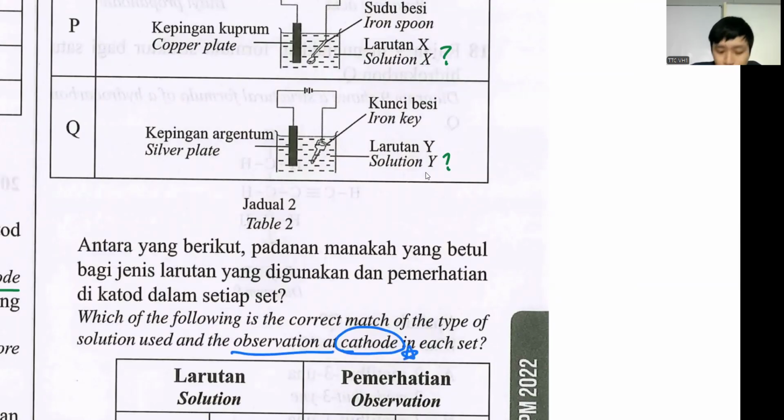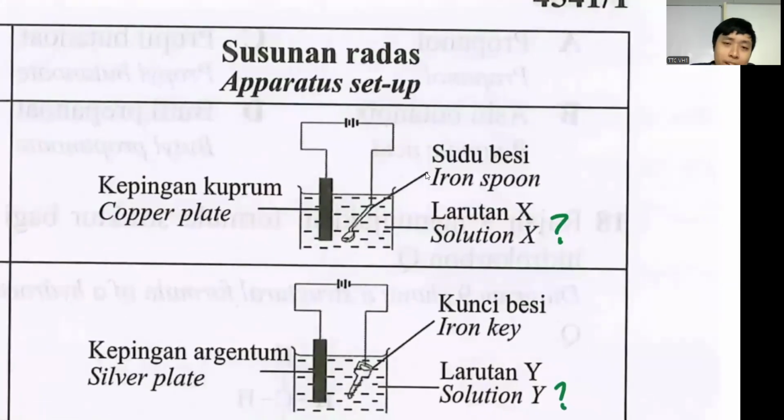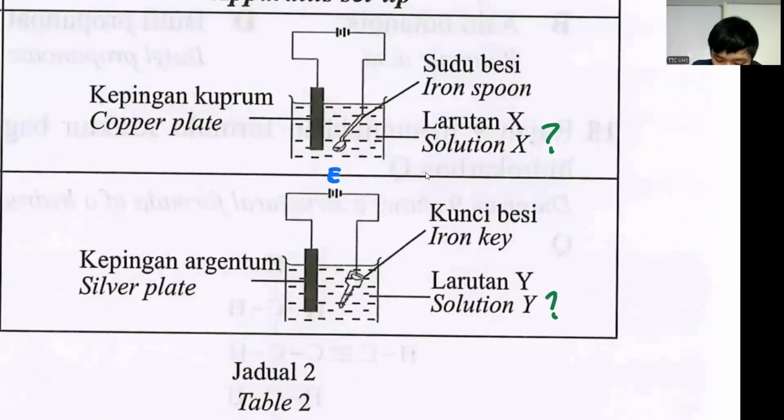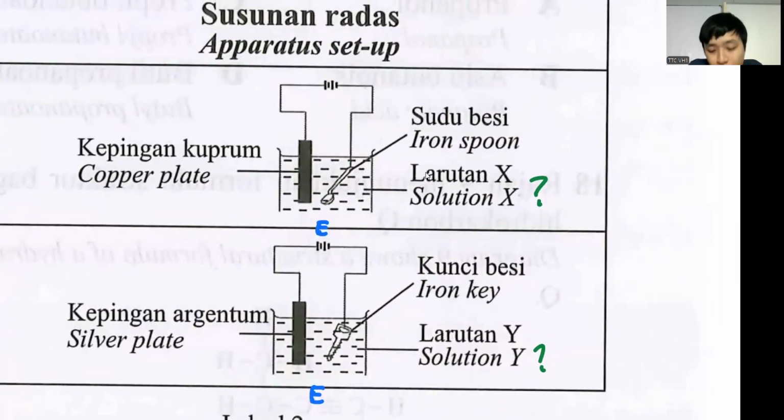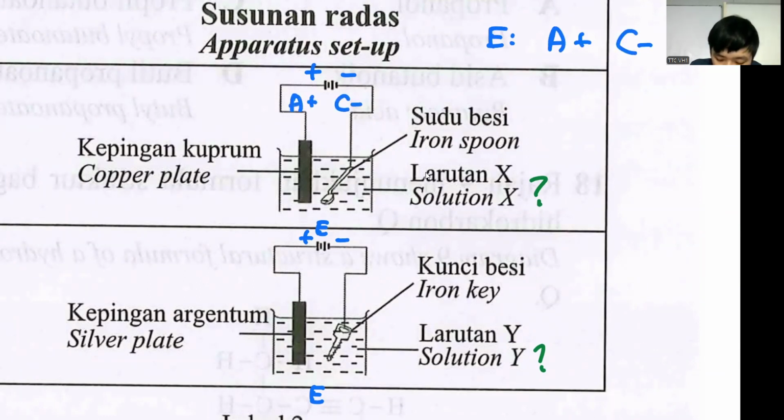So we analyze one cell. If you have a battery, both are electrolytic cells. In the battery, the long line is positive and the short line is negative, and for an electrolytic cell the rule is anode positive, cathode negative. Which is correct in this case?